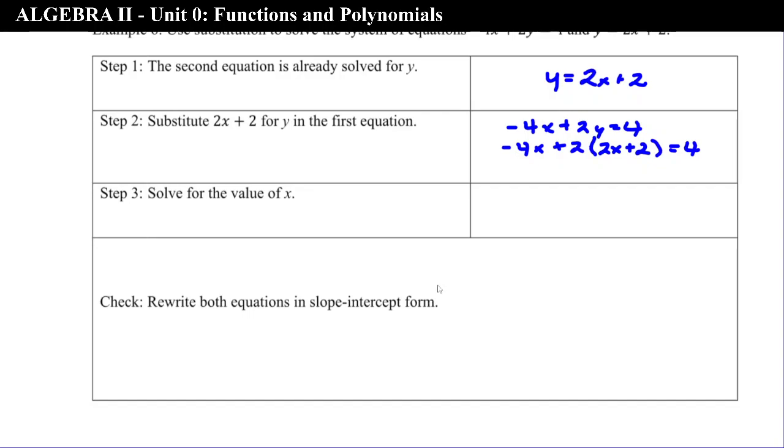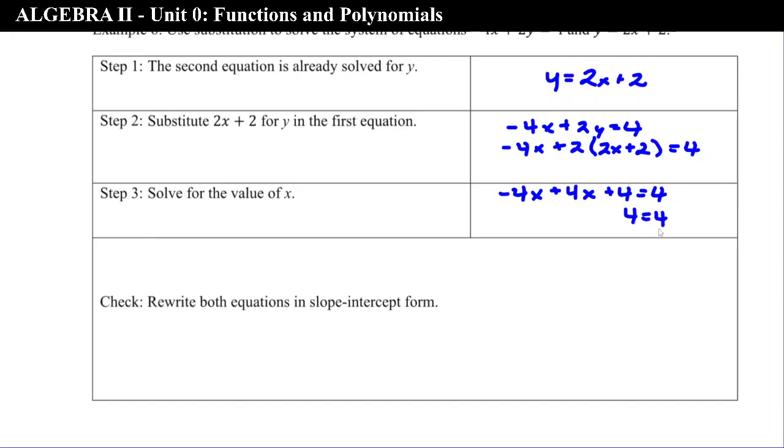Now let's solve for the value of x. So we've got negative 4x. And then you have 2 times 2x, which is 4x. You have 2 times 2, which is 4. And this is all equal to 4. Your negative 4x and positive 4x cancel. And so you end up with 4 equals 4. Well, we're out of variables.